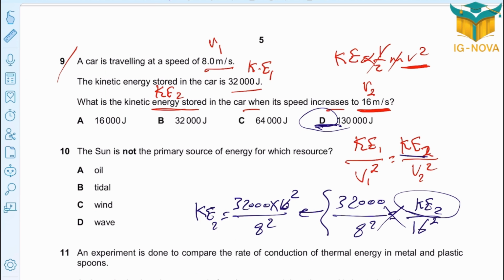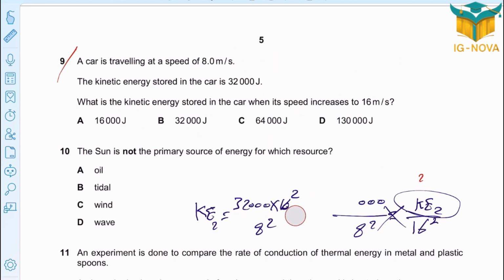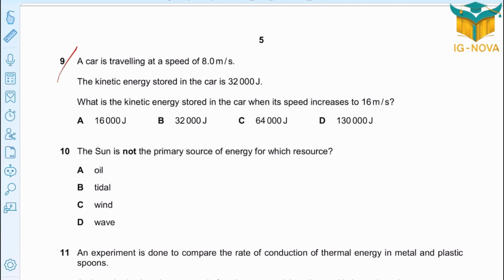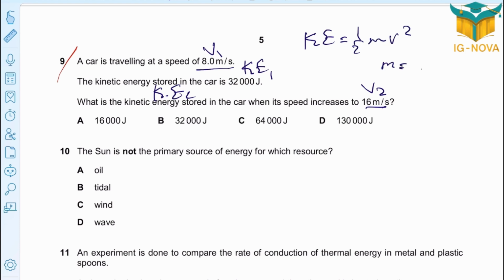The second method I can use, see here. This is V1, KE1. This is kinetic energy in the second situation, and V2. What are you going to do? From the relation KE equals half mv squared, you can find the mass, which is 2 times the kinetic energy over v squared.